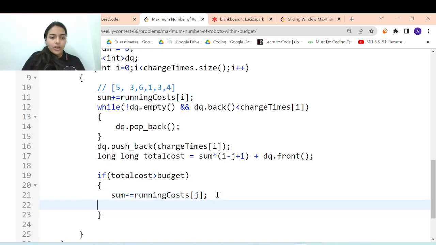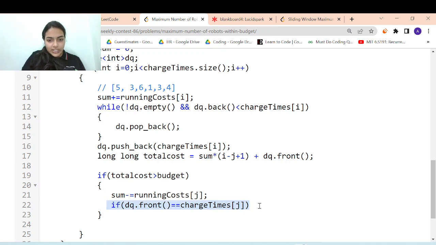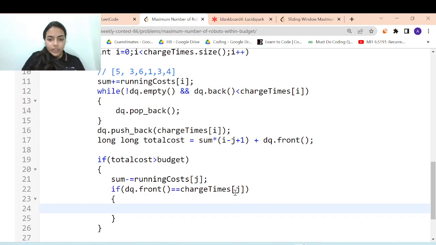And also you will check if DQ dot front is equal to charge times of J. If this is also there, the jth element you have to remove, the element pointed to by the jth pointer. So if it was there in the DQ, you have to remove it.